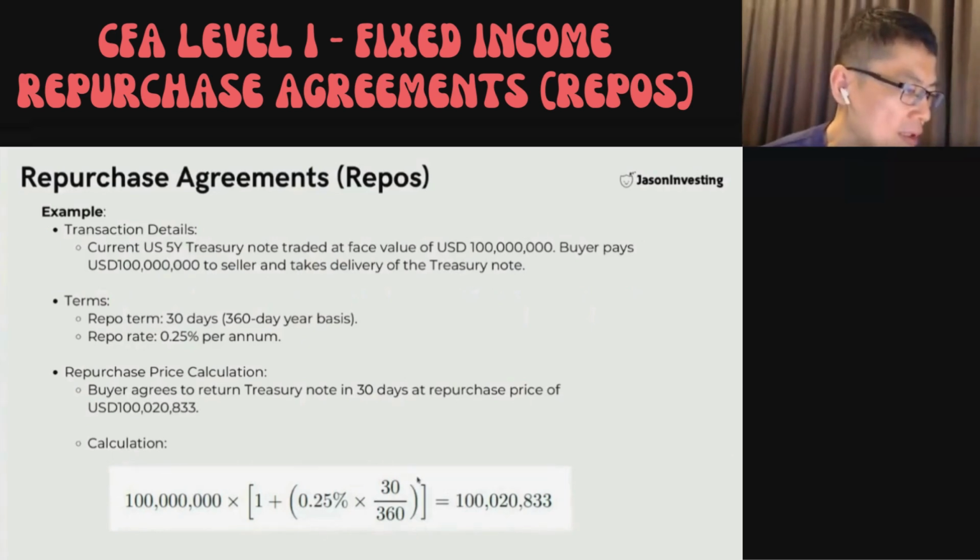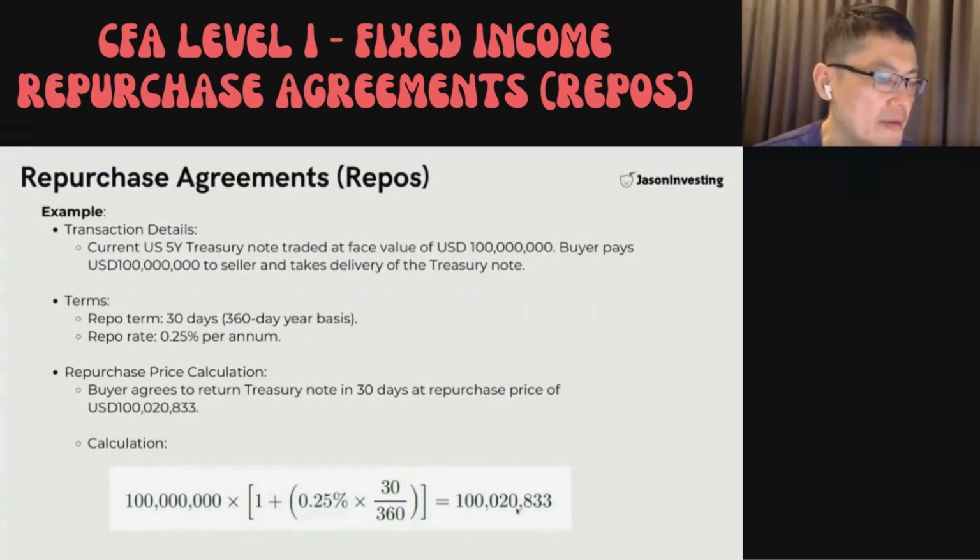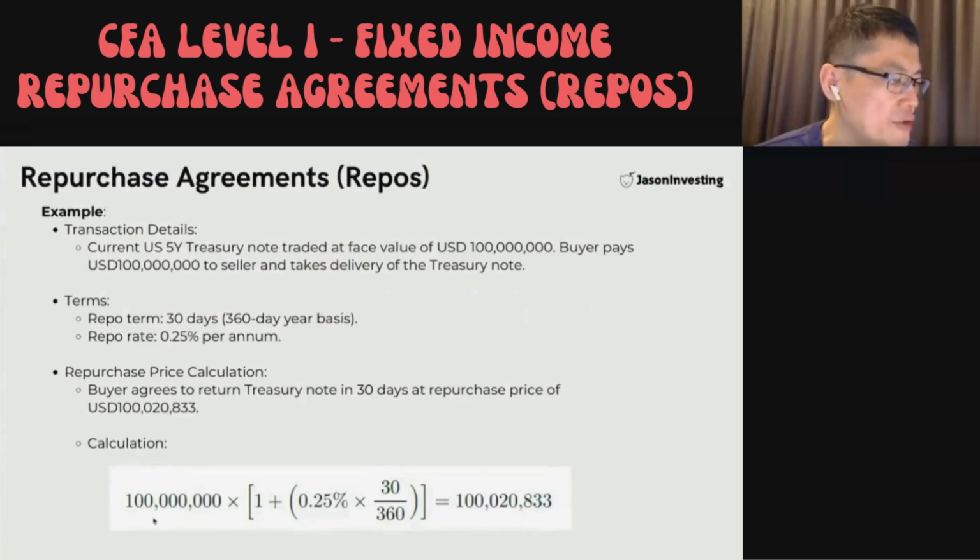Depending on the standard of the instrument, sometimes you would have 365 as the denominator. Anyway, you add this to 1 and multiply by 100 million. This results in $128,833. Note that the repurchase price is higher than 100 million, and the difference will be the interest.